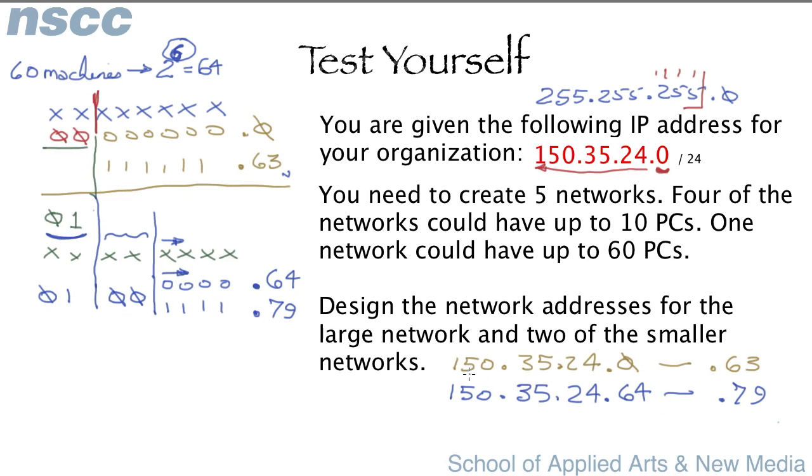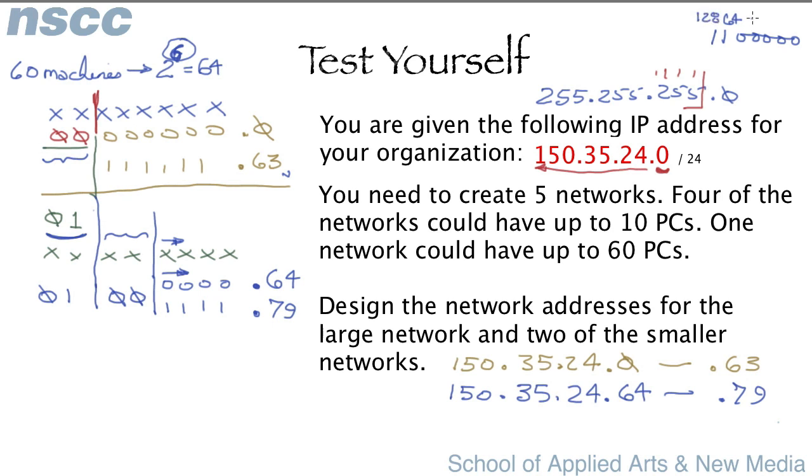Now, one of the things we haven't done is said, what are the network masks? Well, let's go back here and look at our network mask. Our original was 255, 255, 255, but we're now in this network using 2 bits here. So our network mask for this last octet has 2 bits of 1 and the rest zeros. Well, I know this bit is 64, this is 128.